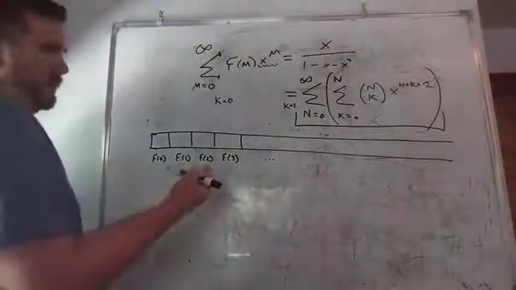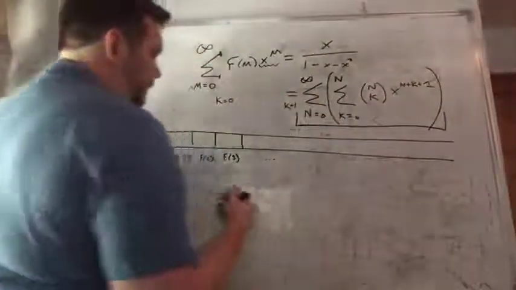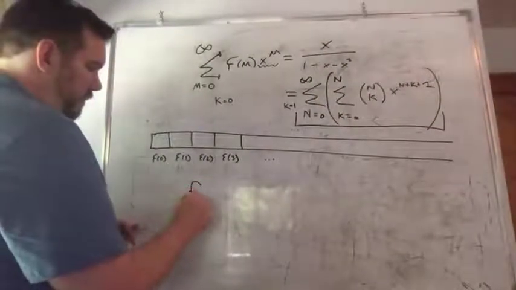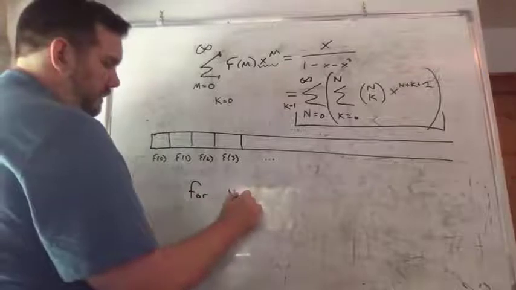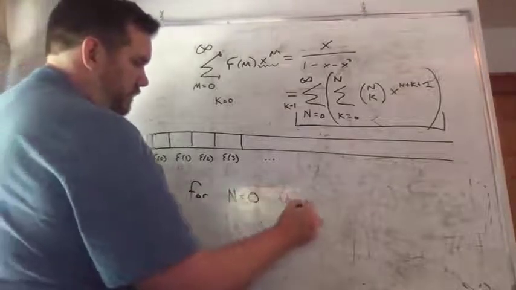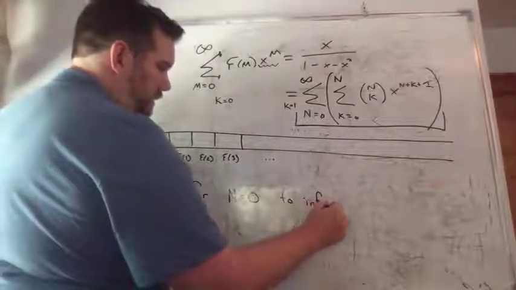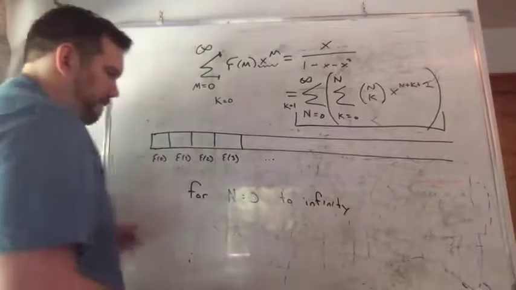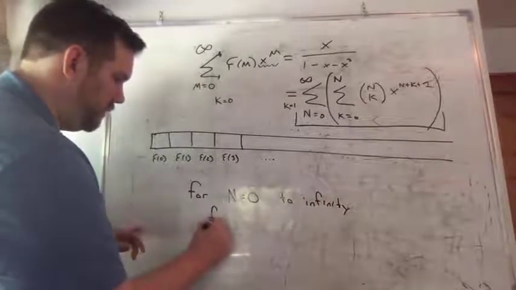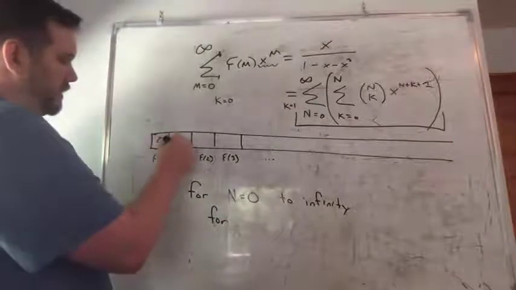And then for a summation like this, I'm going to have a for loop, for n equals 0 to infinity. And then I'm going to have another for loop. Initially all of these are going to start out as 0.